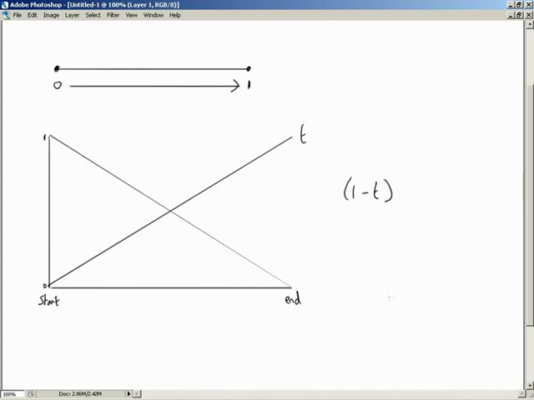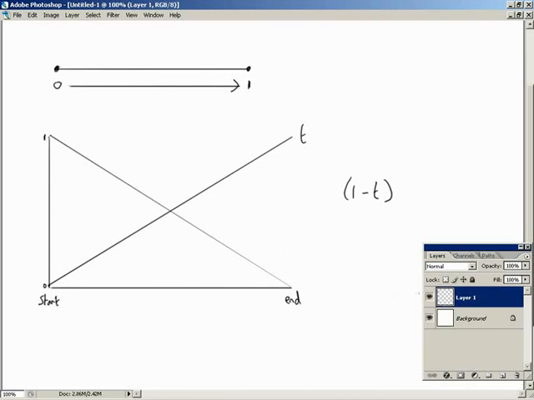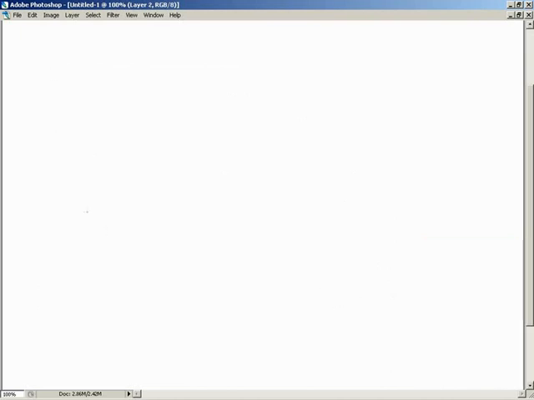such that if I was to drop a new layer into Photoshop and hide out the first one and draw myself up a quick graph again. Awesome. So let's say that we have our 1 minus t, which was our curve that went this way, multiplied by a value 1.